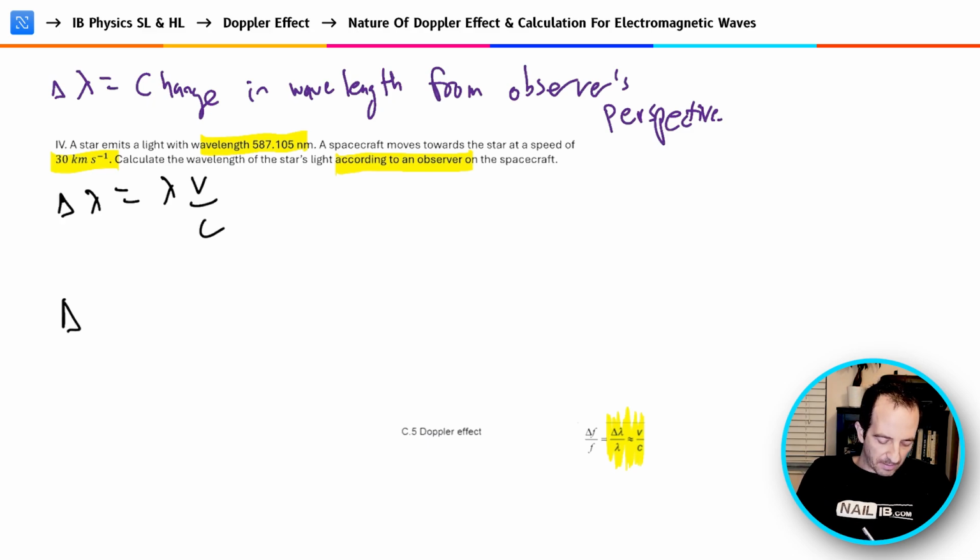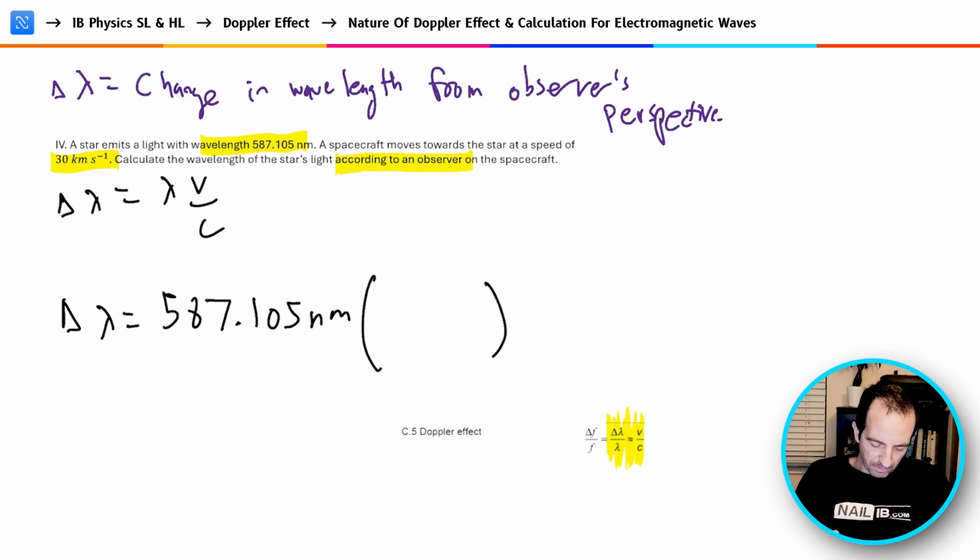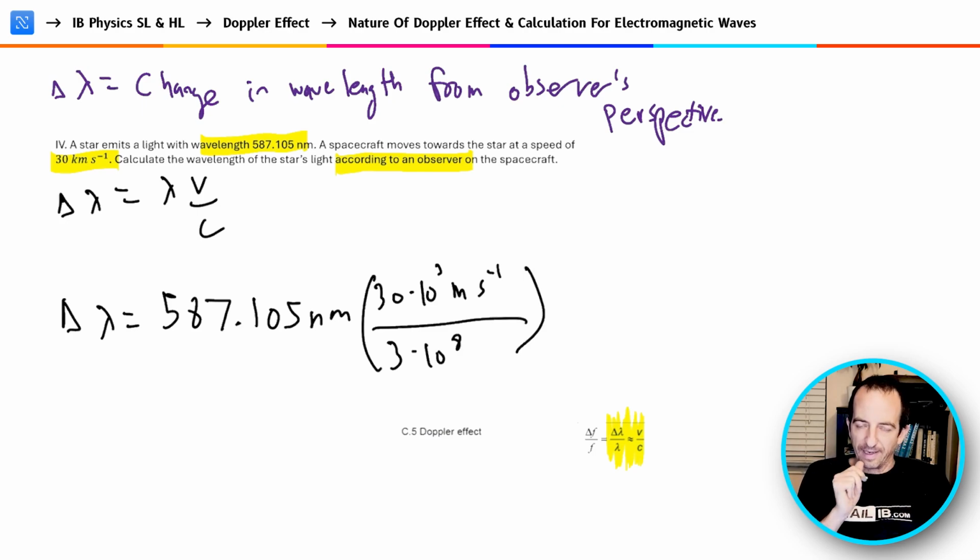So delta lambda is equal to 587.105 nm, and v is equal to 30 times 10 to the third kilometers per second. Oh, well, I already put it in kilometers, so now it's in meters per second, divided by 3 times 10 to the 8th, which is the speed of light, or the speed of an electromagnetic wave in a vacuum.